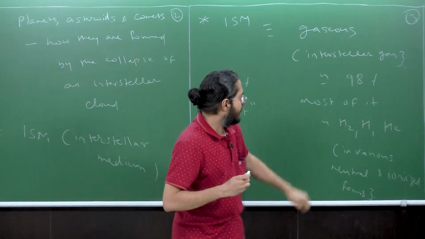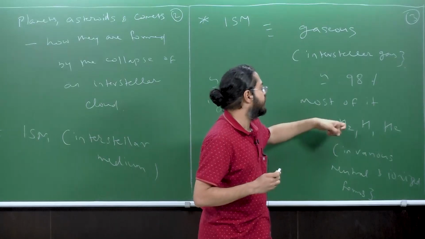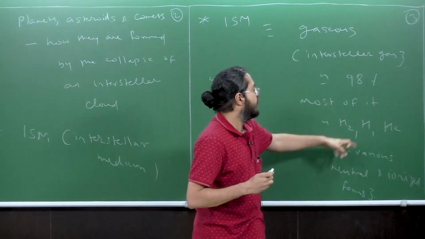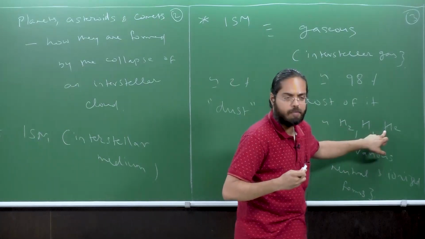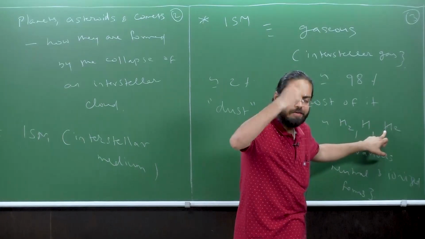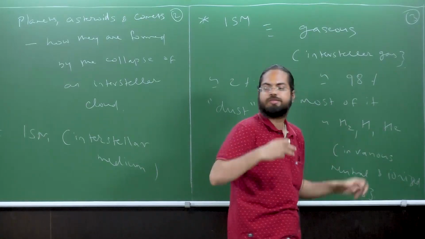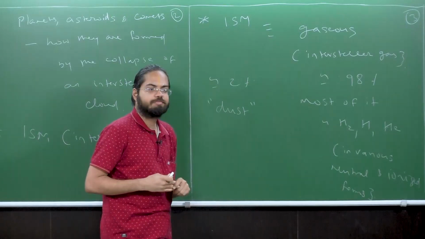Now in the gaseous state, we saw that predominantly we're going to have hydrogen, both atomic and molecular hydrogen, along with some helium atoms, and in various ionized states. That is, it can be He plus, H plus, or H2 plus, etc. All right. But what about the dust?